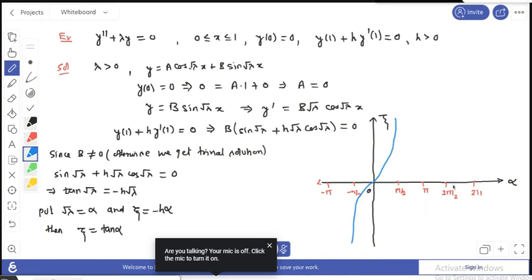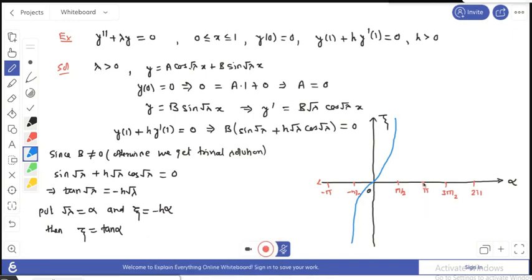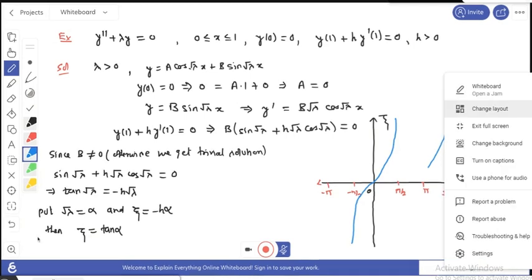At pi, tan pi equals 0, and at 3 pi by 2 there is another asymptote.